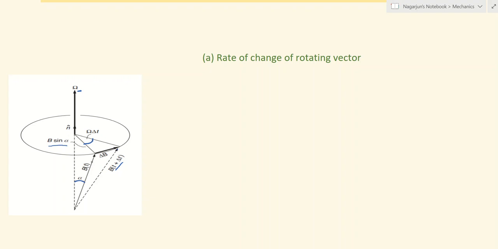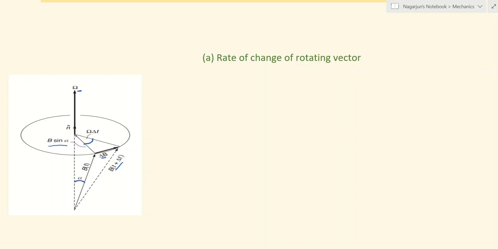Now, at any instant t, the vector is here, and at some other instant t plus delta t, imagine the vector moved to a new position here, so that delta b is the change in that vector. So in delta t seconds, the change in vector is delta b.